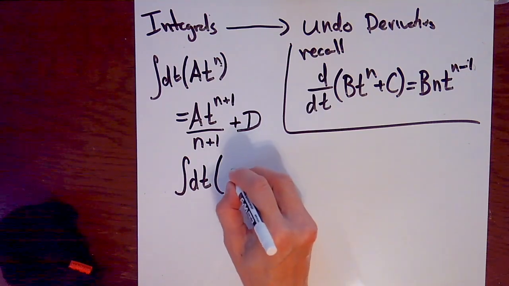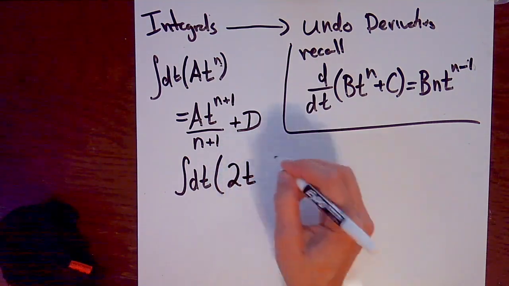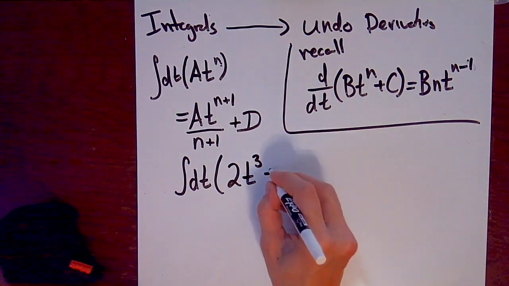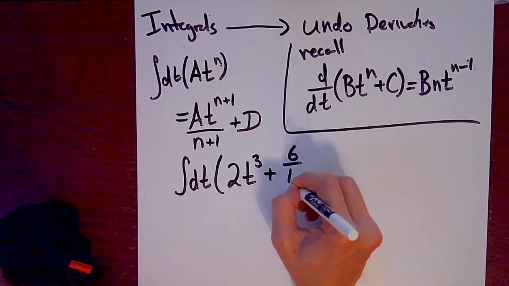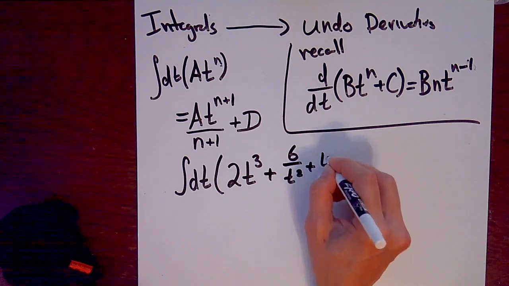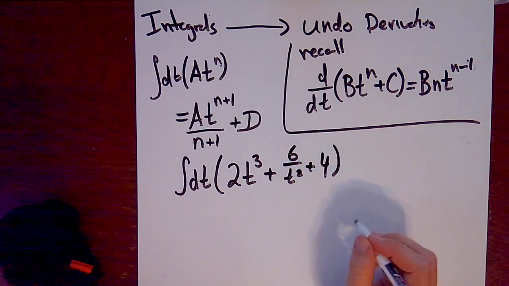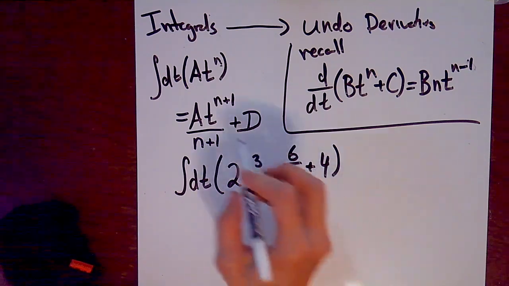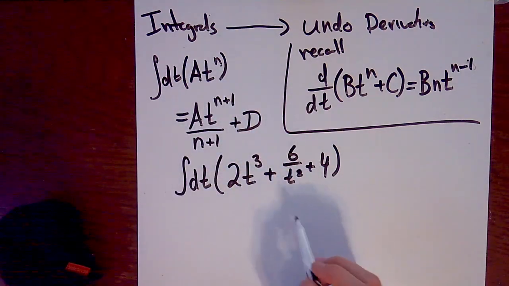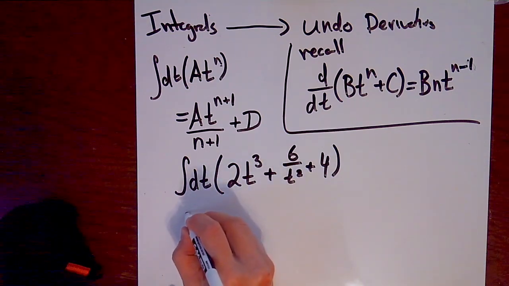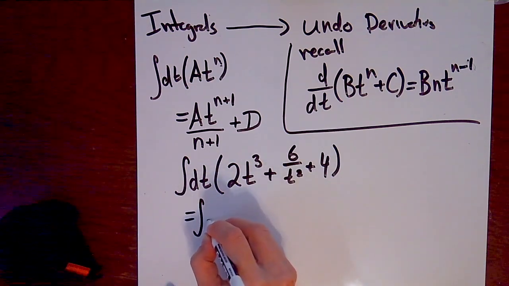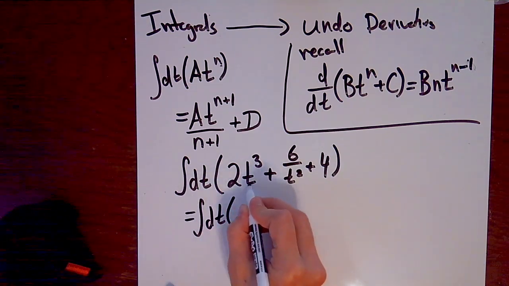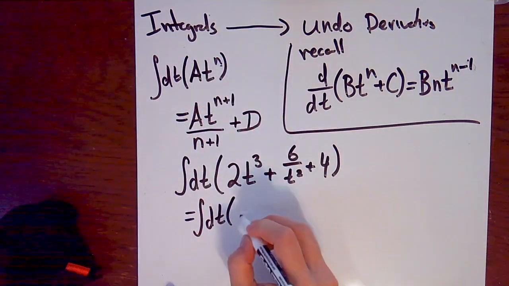So we have, let's say, 2 t to the third plus 6 over t squared plus 4. All right, so we need to change this up a little bit because not all of these terms look just like that term, but we can rewrite it so they will. So this is the same as taking the integral of, well, don't need to do anything here. It looks just like that form.